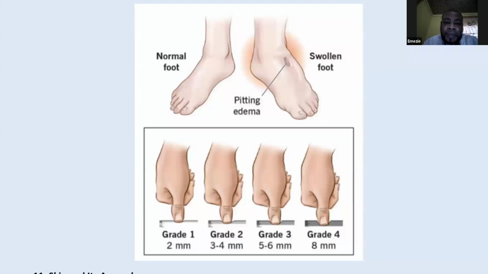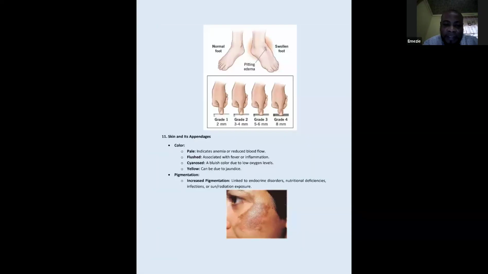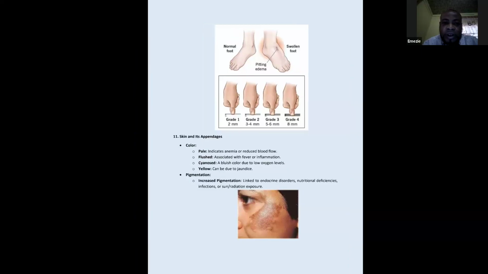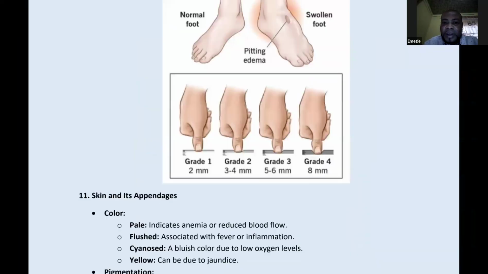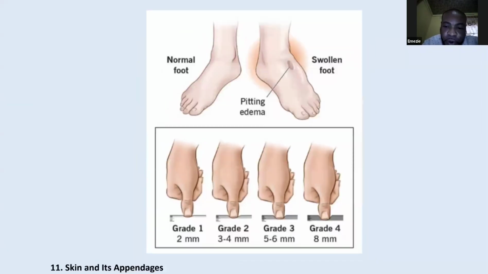Now, if you palpate for edema, it can be classified as what we call pitting or non-pitting edema. A pitting edema is the one we are seeing here. If you press it, the area will go inside. There will be an indentation or depression in the area we have palpated.